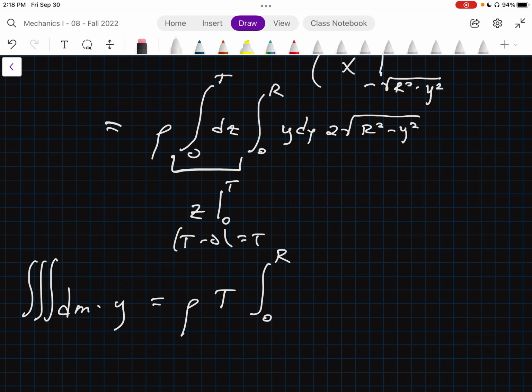We need the 2 in that integration. So I have 2 times the square root of r squared minus y squared, and then I have y dy.